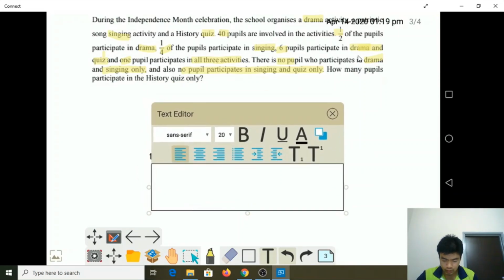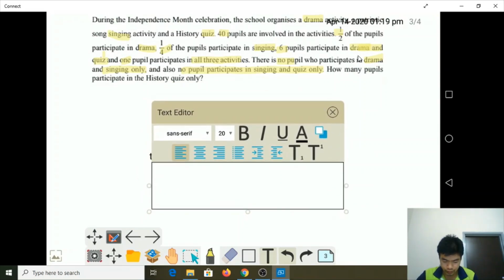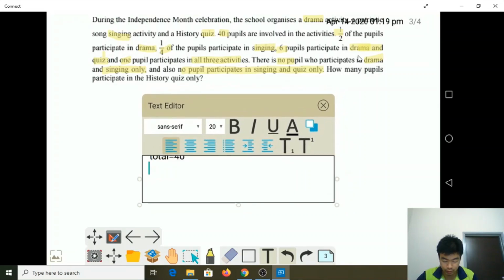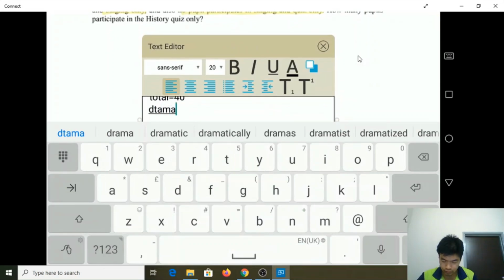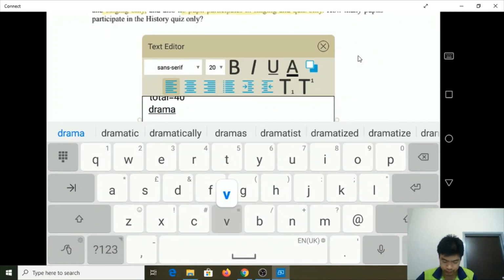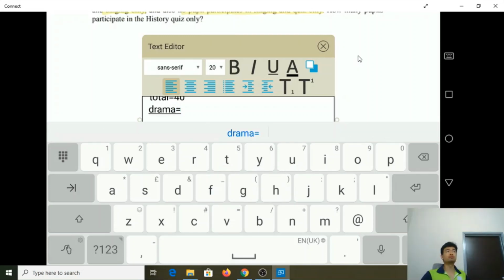1/2 of the pupils participate in drama. Let's go drama. Drama equals what? 1/2 of the pupils. 1/2 of 40 is what? 20, right? Half of 40 is 20.